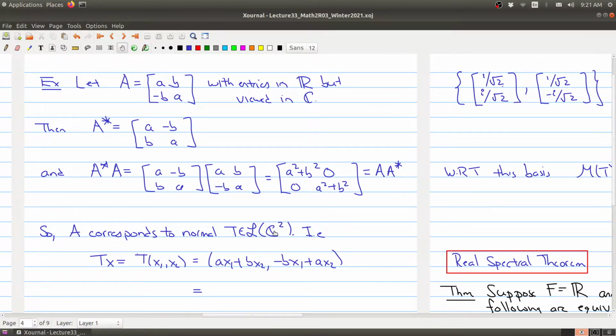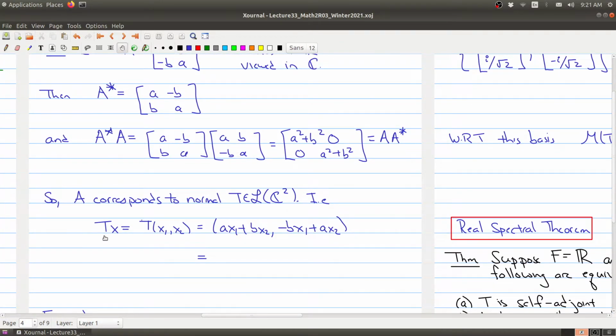Let me be a little bit more precise. What I'm doing here is working backwards. I'm cooking up a matrix with the right properties, and then I'm going to define an operator from it. So my operator takes the pair x1, x2 and maps it to (ax1 plus bx2, minus bx1 plus ax2).